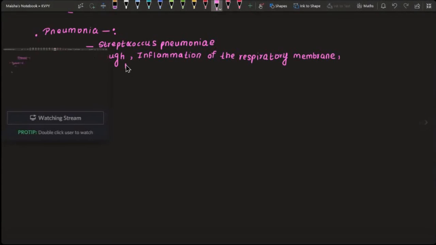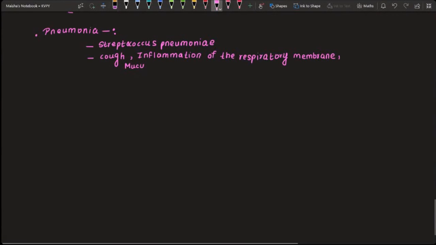These are balloon-like structures, the alveoli, and are actually responsible for gaseous exchange in the lungs. Due to pneumonia, the alveoli get filled with mucus, which leads to difficulty in breathing.